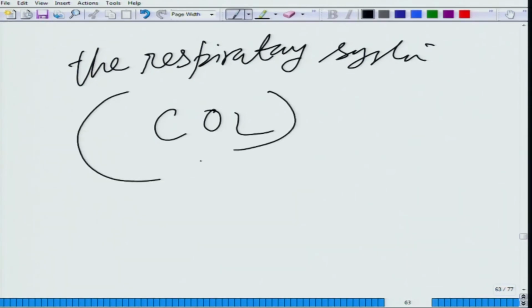So, this is exceptionally important for you people to realize that these are the two systems which regulate the pH.